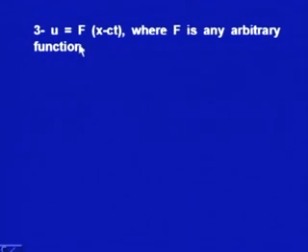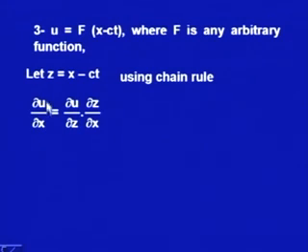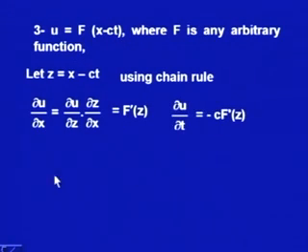Let us see whether, if I treat this as a general function which is continuous and has partial derivatives with respect to x and t, it will satisfy our wave equation. Using the chain rule, we get del u by del x as f dash (x minus c t) and del u over del t as minus c times f dash. Here f dash means the derivative with respect to z, that is, x minus c t.